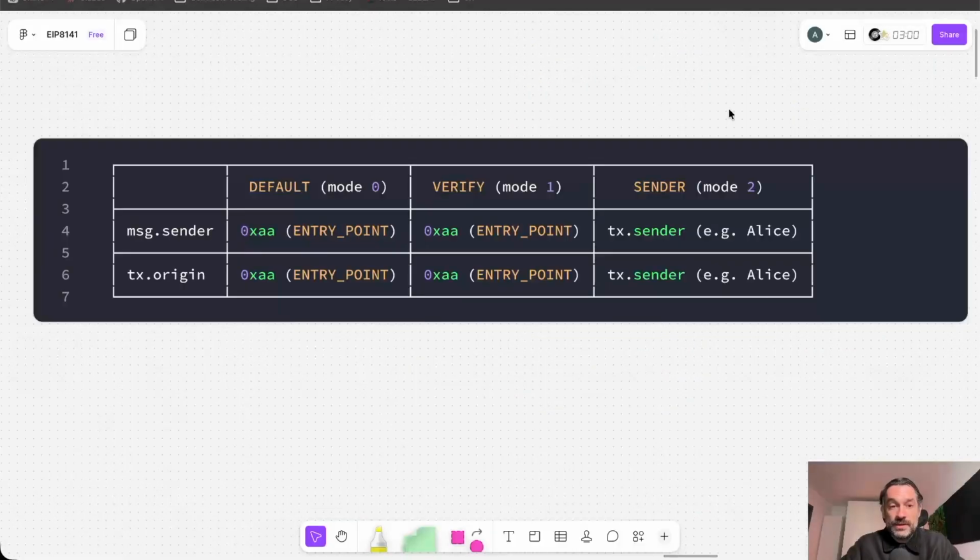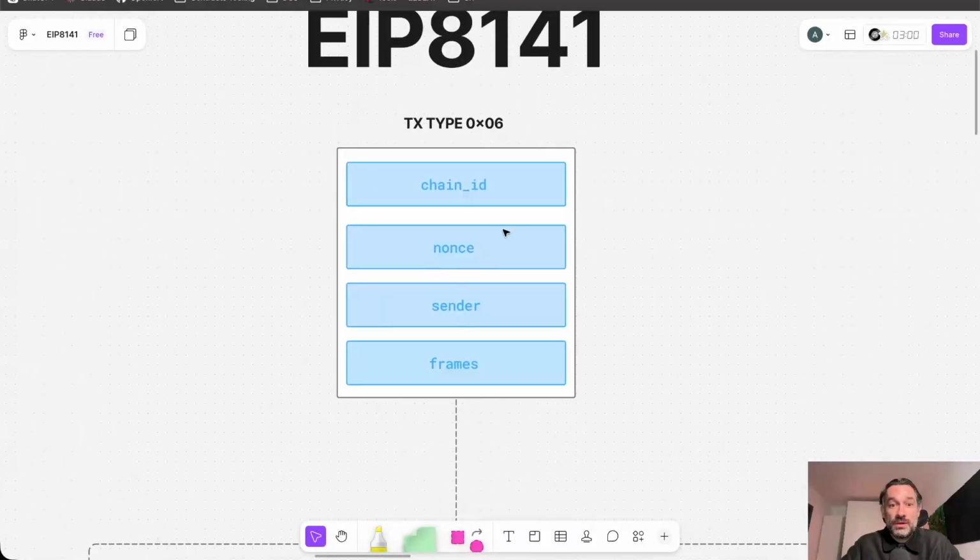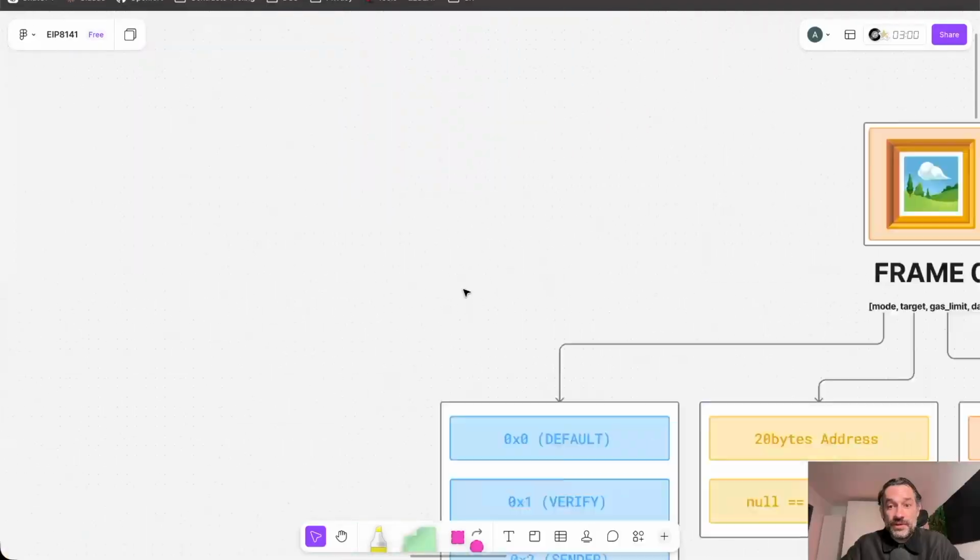So here is the important point I think you need to remember and understand very clearly. The tx.origin returns the frame's caller, not the tx sender. The tx sender is what we have inside the transaction type 6, not inside the frame.